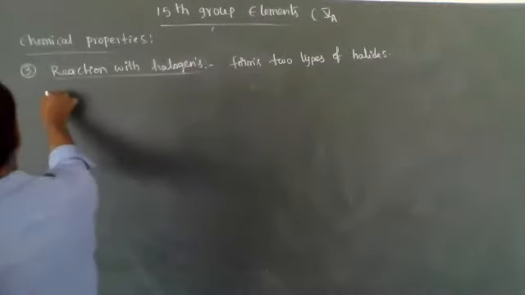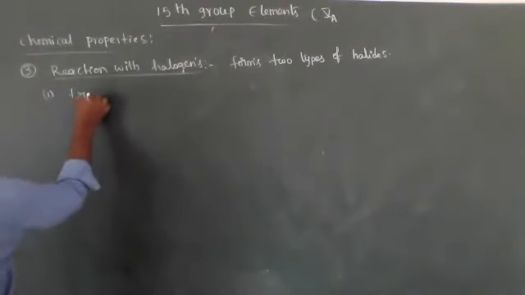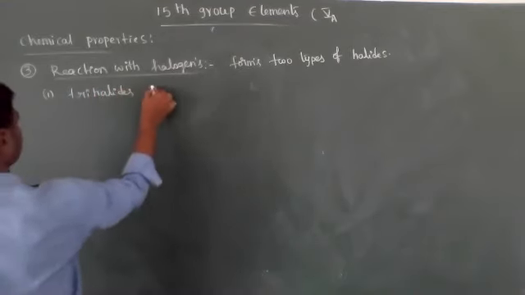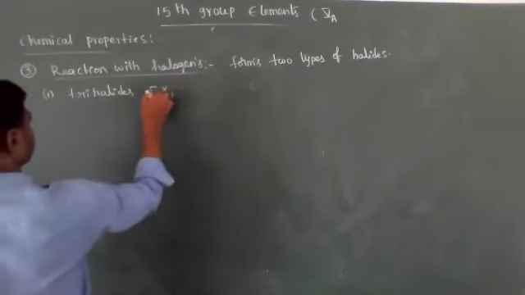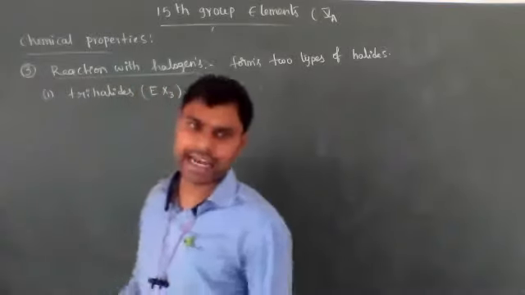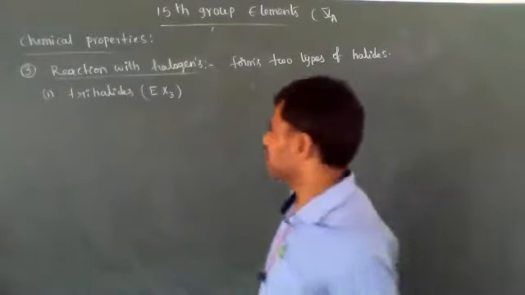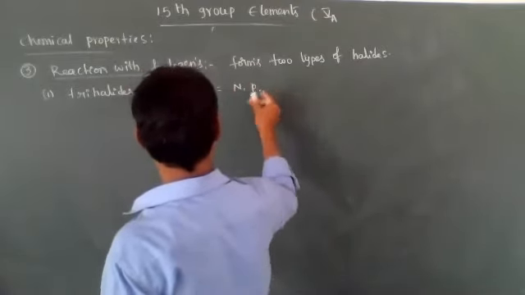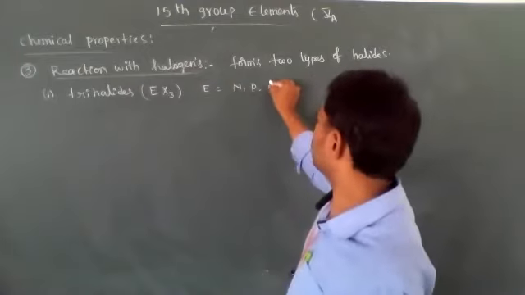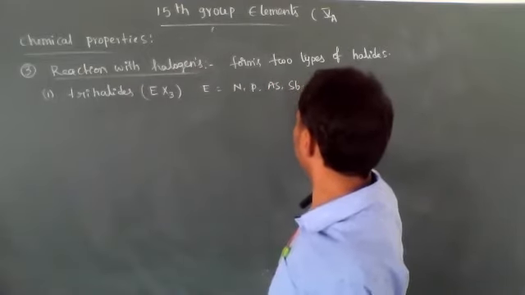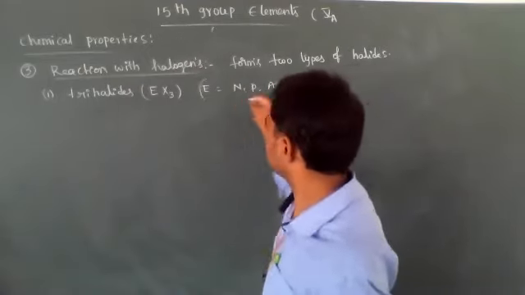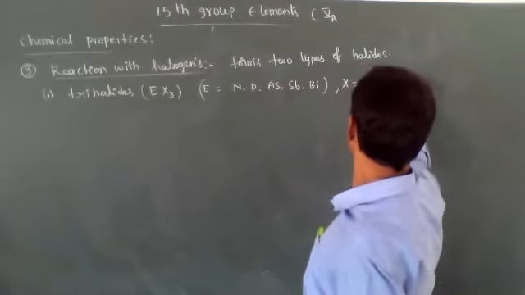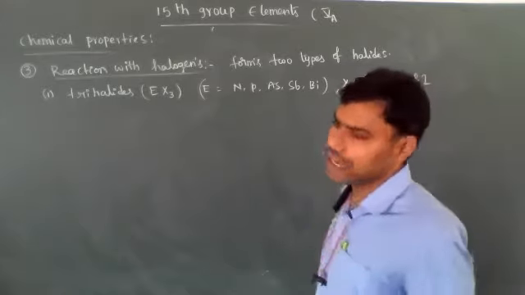One is trihalides, the general formula is EX3. Generally these trihalides are formed where E is nitrogen, phosphorus, arsenic, antimony, and bismuth, and X is fluorine, chlorine, bromine, and iodine.